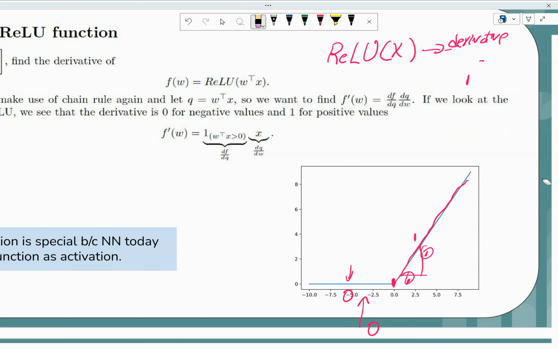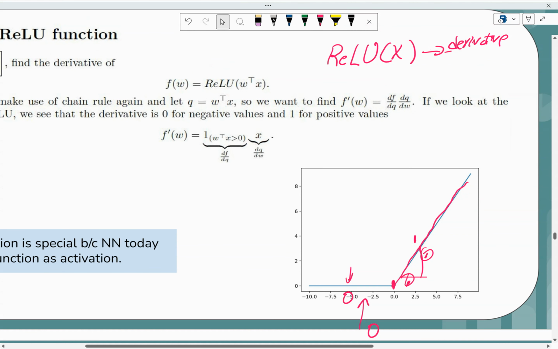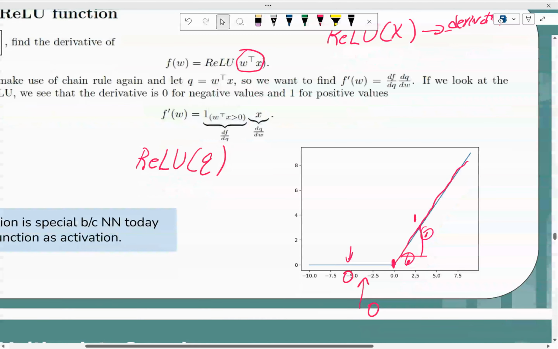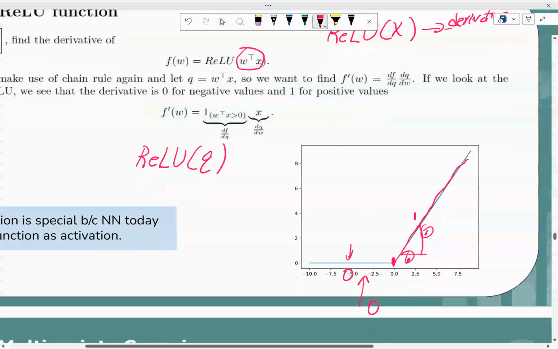Okay? So now we're going to use chain rule again, and we're going to let Q equal to this. So ReLU of Q. Well, the derivative of this, df dq, is equal to 1 if Q is greater than 0.